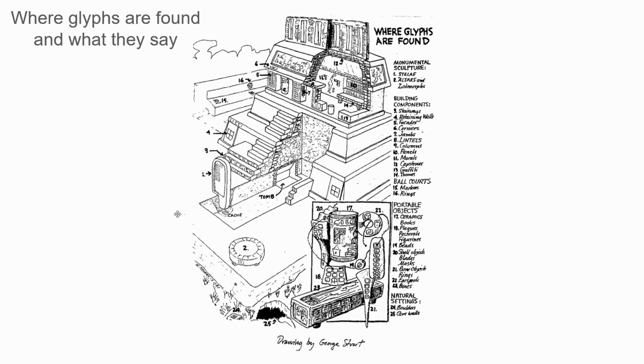In the building, you have many opportunities to place inscriptions on the front. In the end, you have murals here. And here, this is by George Stuart, the father of David Stuart, one of the most important Mayanists these days. He made a distinction between monumental sculpture, building components, ballcourts, and portable objects. And all these portable objects mainly means that they come from burials or caches.